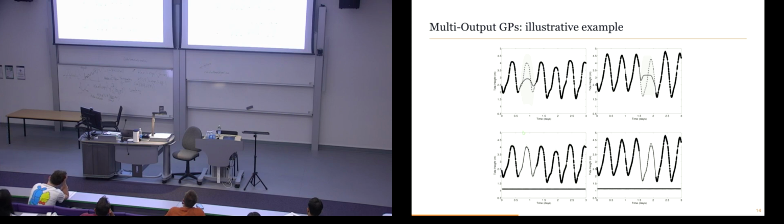And on the top line, we used independent GPs to model them. So when you have data, that's all right, but you can see here you don't have data anymore, and so your uncertainty increases a lot if I treat that independently from the other signal. Same thing here.